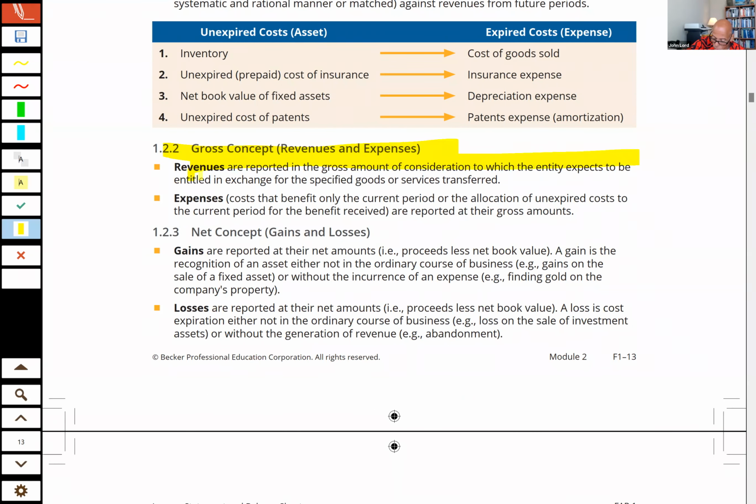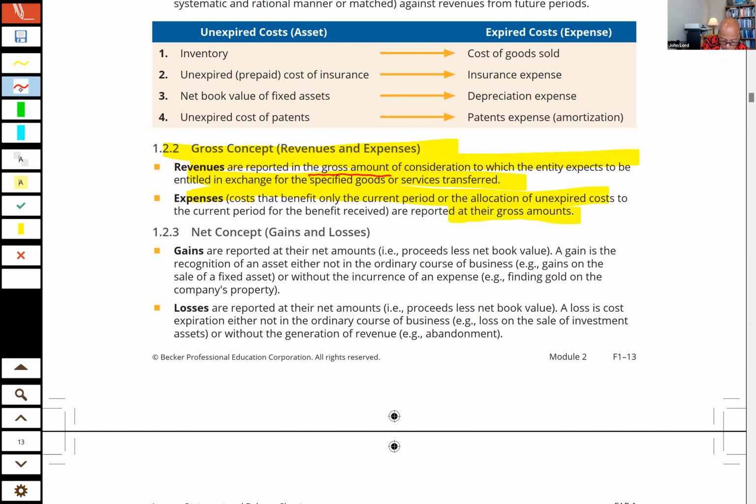We report our revenue gross, and then we'll start subtracting out our expenses in the calculation of net income. So we report them at their gross amounts.